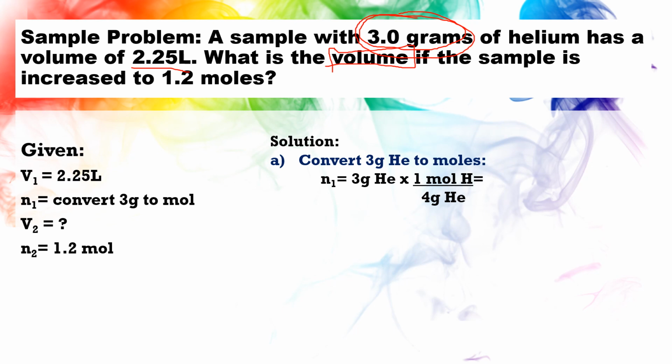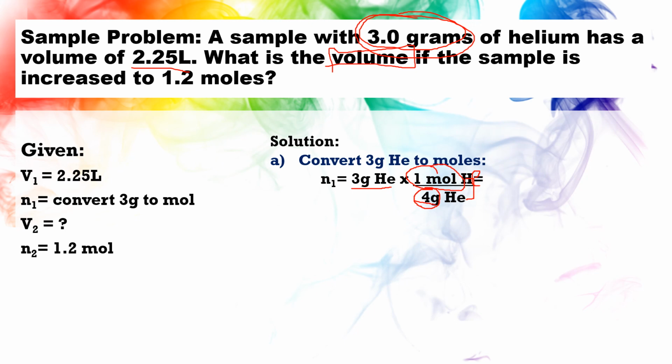its atomic mass. So the given is 3 grams helium times, in every 1 mole of helium, there are 4 grams of it. This must be helium, He. So where did this 4 grams come from? It is the atomic mass of helium. This is found on your periodic table.